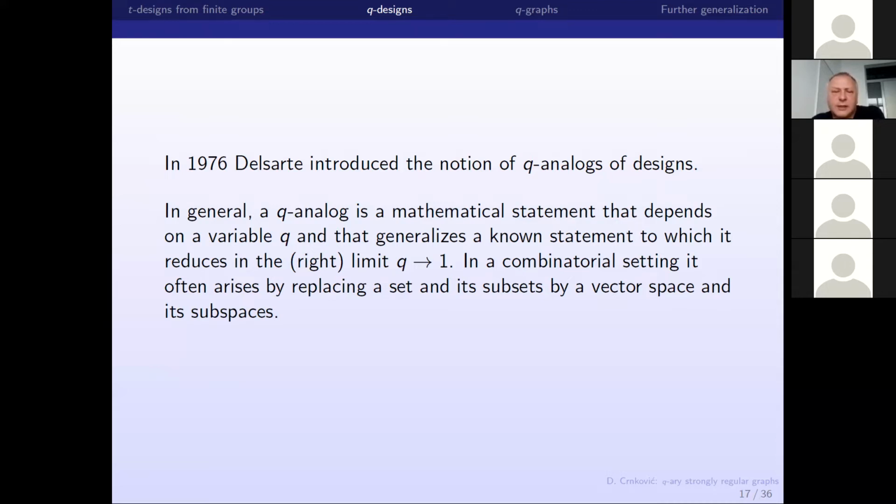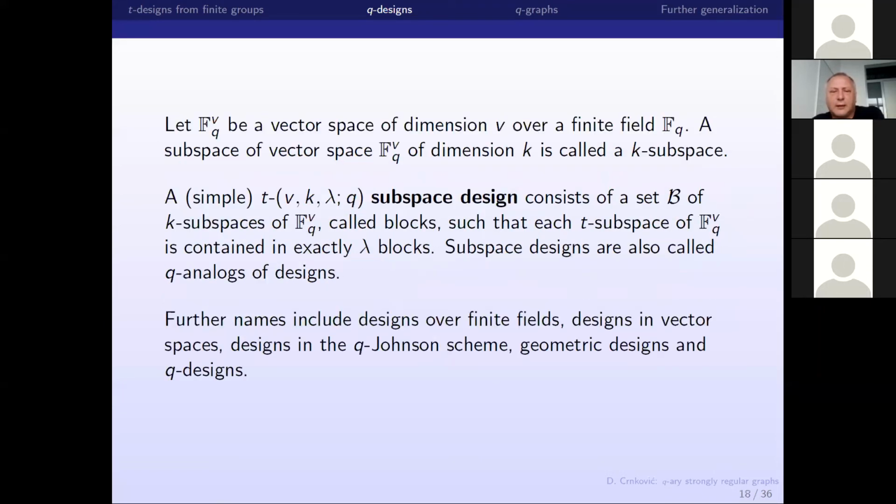And in the combinatorial setting, we usually get a q-analog when we replace sets and subsets with a vector space and its subspaces. This is the way Delsarte defined q-analogs of designs.